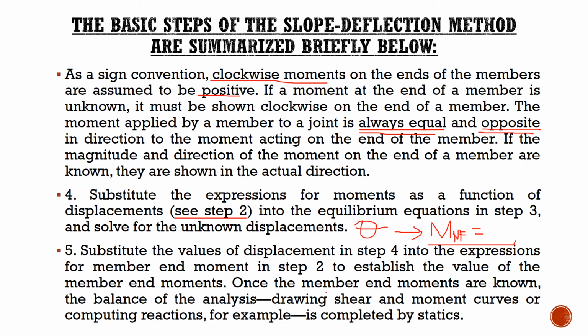Once the end moments are known, the balance of the analysis, drawing the shear and moment diagrams, and also the reactions, is completed by statics. So the goal, guys, is to get the displacements first, then you will get the end moments.